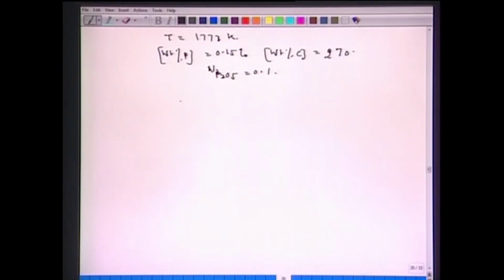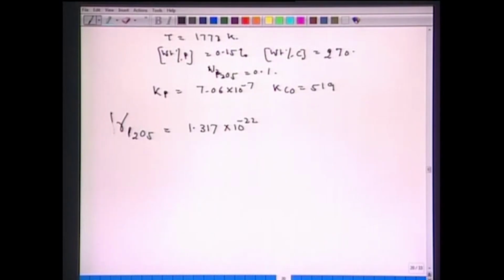Then I can calculate the value of Kp, that is equal to 7.06 into 10 to the power minus 7. I calculate the value of KCO as 519. Now I substitute all these values, and I will get gamma P2O5 equal to 1.317 into 10 to the power minus 22.